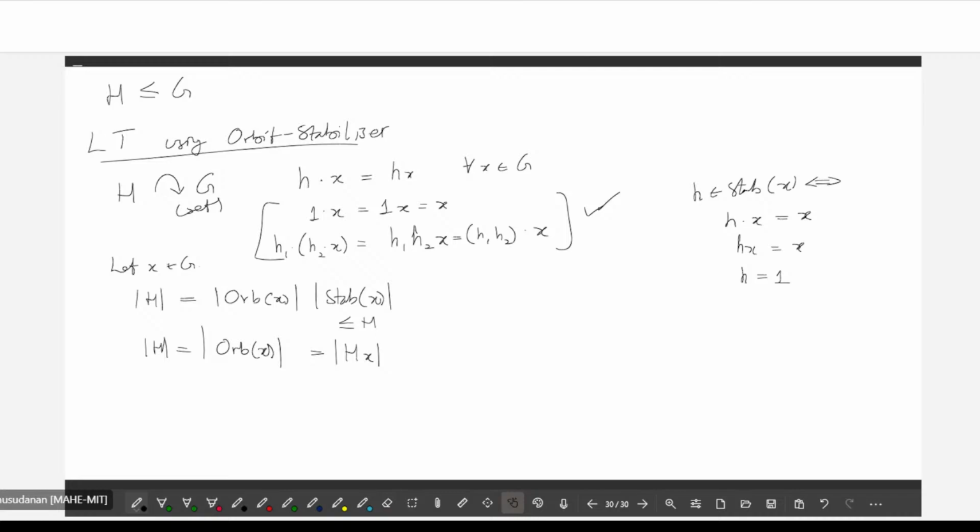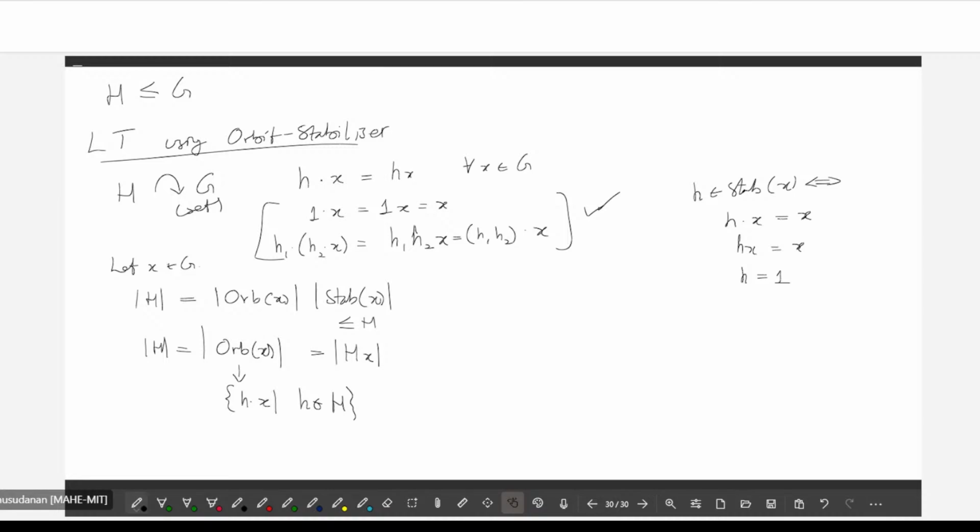Because in general, if G is acting on X, then the orbit is all the elements of the form G dot X. Here H is acting on X, so it is all the elements of the form H dot X, for fixed X, with H varying over capital H. So the orbit of X is of course Hx.